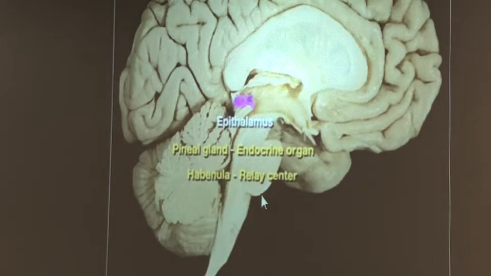And the habenula is a relay center. In fact, go back to the thalamus and write thalamus, and that's a really important relay center for sensory and motor impulses. So it's a relay center. Action potential, sensory and motor passing upwards to the cerebrum and inferior from the cerebrum, eventually going to the spinal cord and the peripheral nervous system.